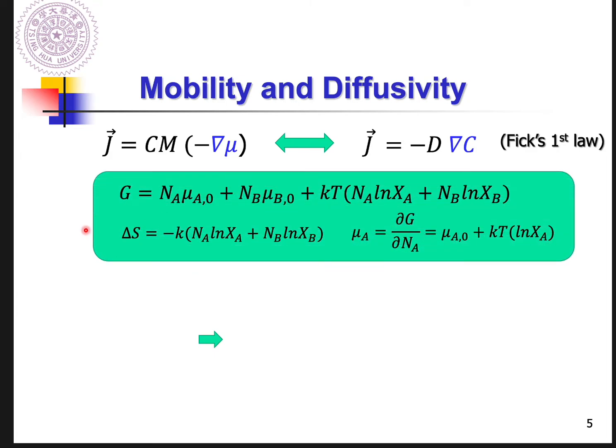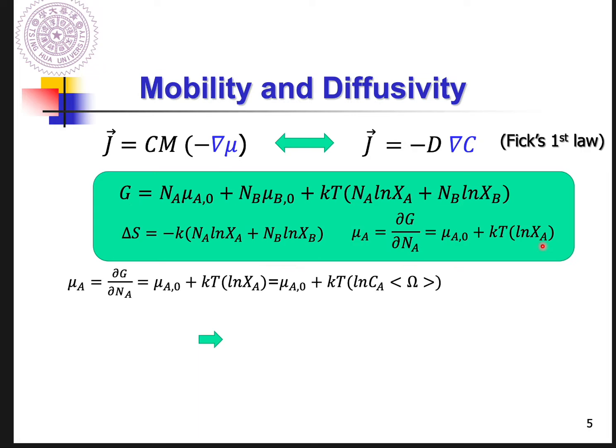And what is the chemical potential? It is defined as the change of the free energy of the system when you add one atom A. So it can be expressed as mu A0, the chemical potential of atom A in pure A material, plus kT log XA, where XA is the atomic fraction of atom A.